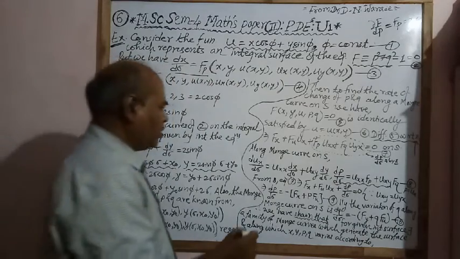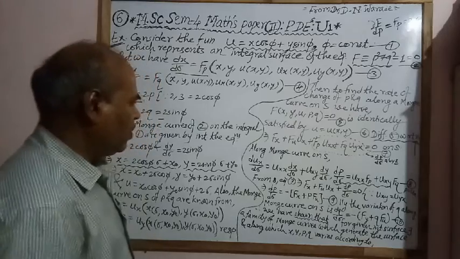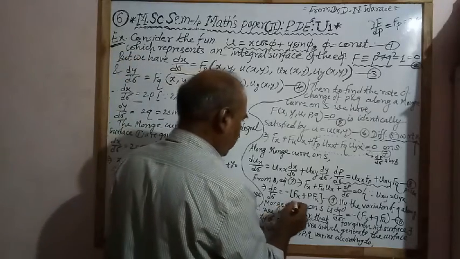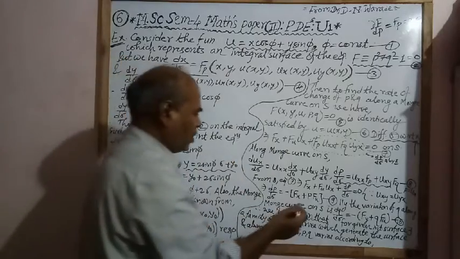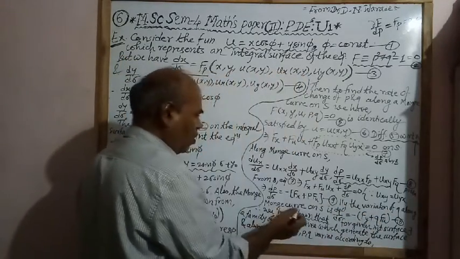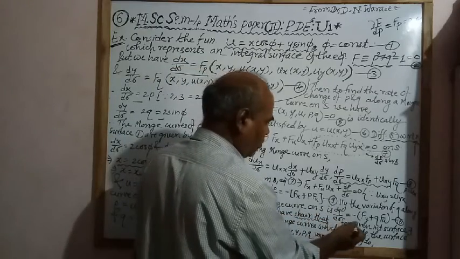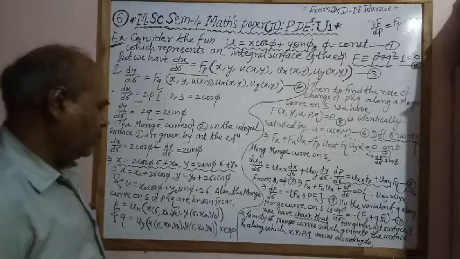From equation 8, equation 7 becomes, that is we put the values in equation 7, therefore we have dp by d sigma equal to minus fx plus p fu, that we have seen in the characteristic equations of Charpit's equations. Similarly, the variation of q along the Monge curve on S is dq by d sigma equal to minus of fy plus q fu, equation 10.